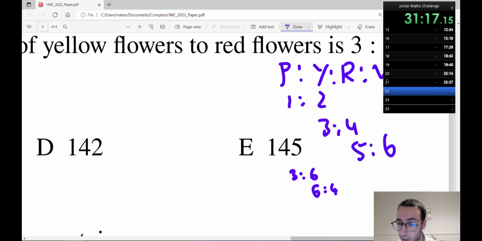So we need to go to 20. So if I times it by 20, so 60 to 120, and then 6 to 4 means that's 80, and 5 to 6 means I divide by 5, which is 19.